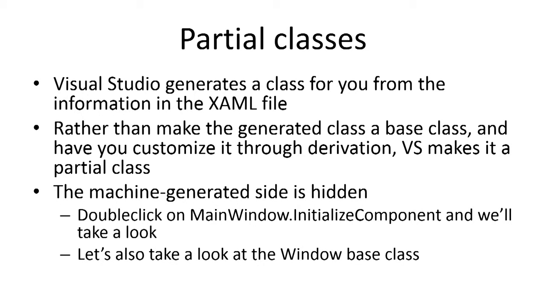We're just going to split it into two parts. I get one part, and you get the other part, and the compiler will combine them together when the program is compiled. And so that's called a partial class in C#. The machine-generated side is hidden, and we've just seen that you can click on initializeComponent. You can use go to definition, or there's a number of tools that you can use to actually go see that thing if you want. But you don't have to. All of that stuff in there is generated for you automatically. You don't have to care about how it works.